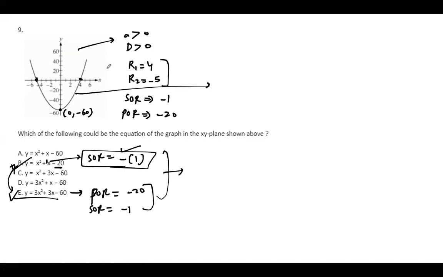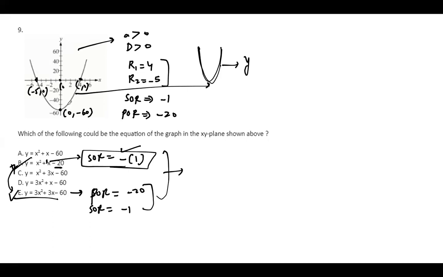So this is a parabola that is facing upwards. The value of y on the graph is minus 60. Isn't that equivalent to the constant value? So x is equal to 0.